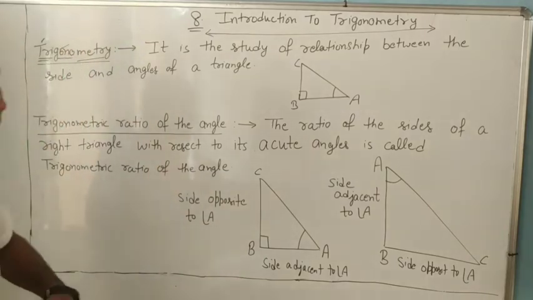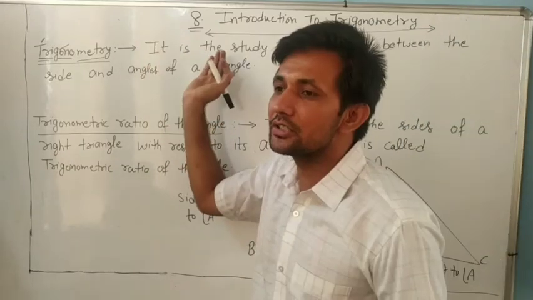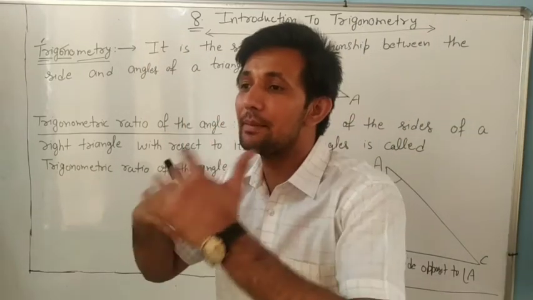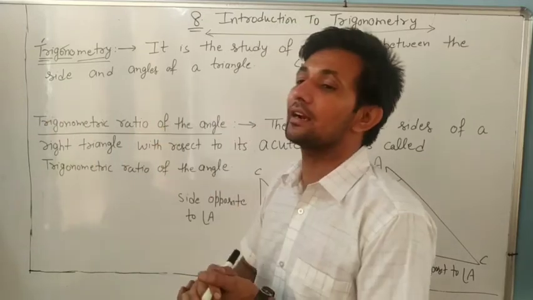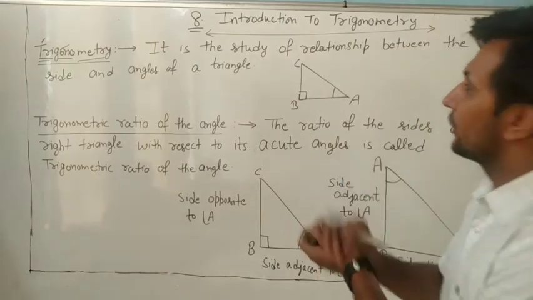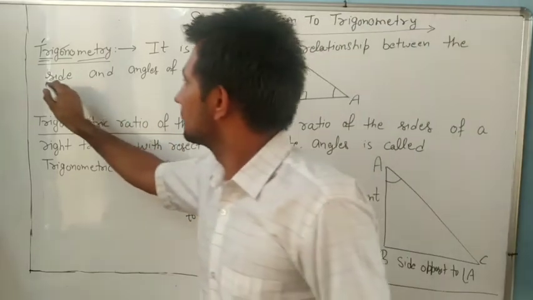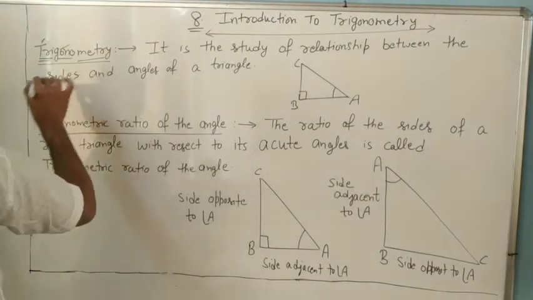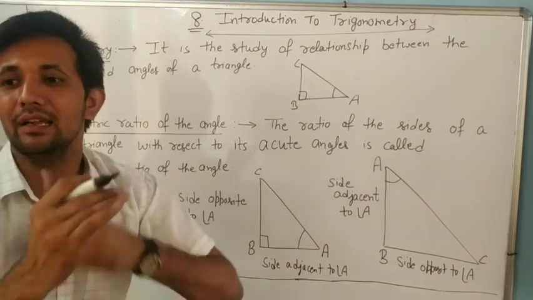In other words, in trigonometry we study the relationship between the sides and an angle in a right angle triangle. In a triangle, in trigonometry we always use the relationship between sides and angles. What is the relation between angles and a side?